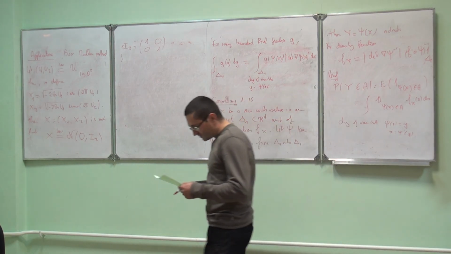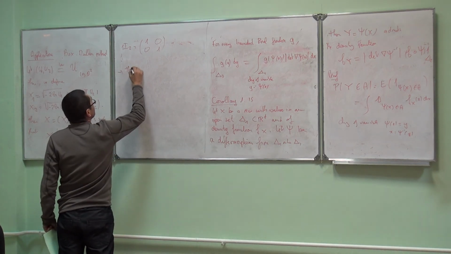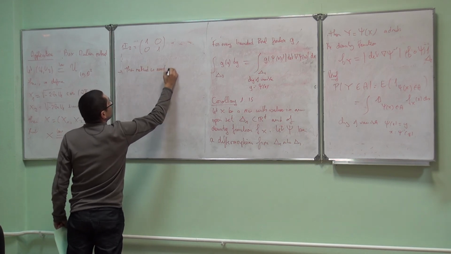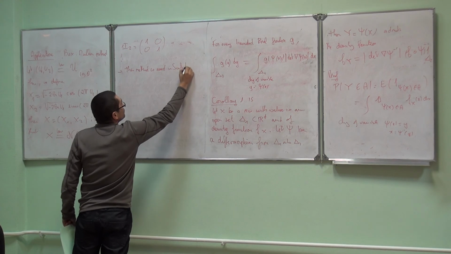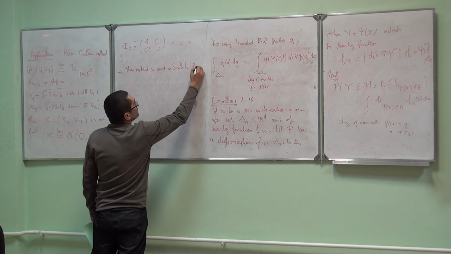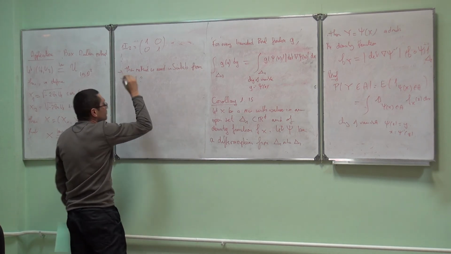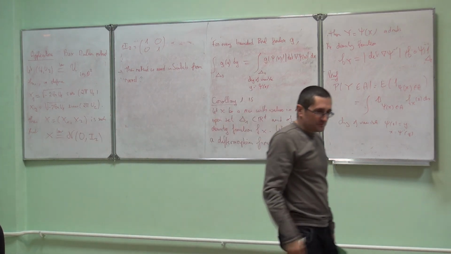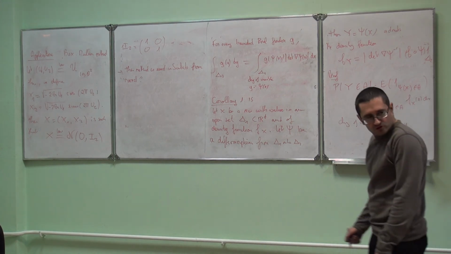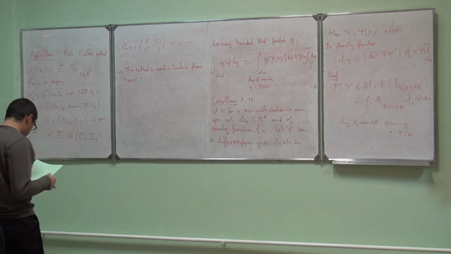This is an important result, and in particular this method is used in the Scilab software we are going to use, from rand, the code we use to simulate uniform distributions. Okay, so this is the idea.